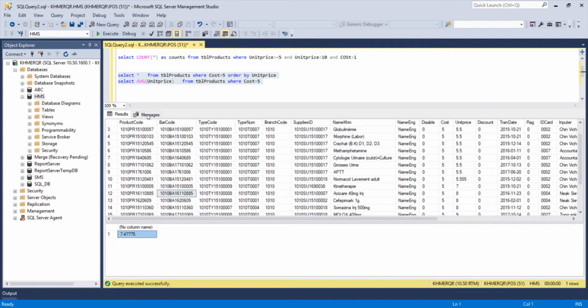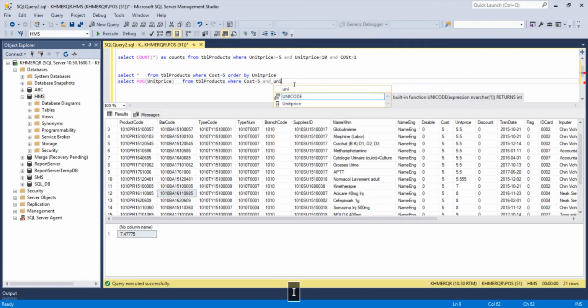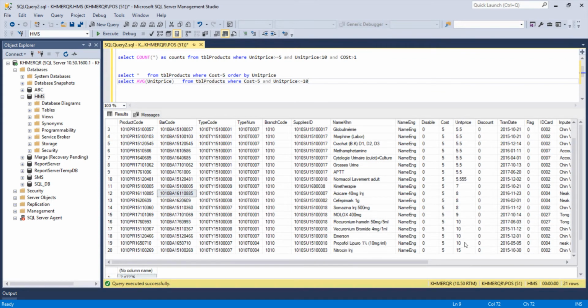This average means we want to find the average between this price and this price. Also when we put a condition, for example, and unit price lower than or equal to 10, we get 10 and so on.